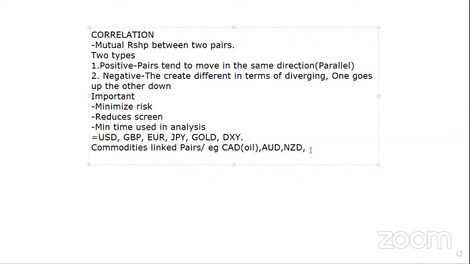So whenever there is demand, maybe in gold, when gold is going up, you will come and realize AUD and the New Zealand dollar are also going up. Why? They are all commodity linked, and we know gold is a commodity also. So when AUD and the New Zealand dollar are going up, you realize they are linked.